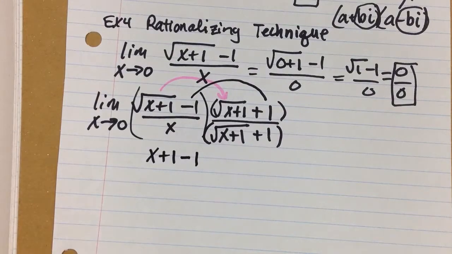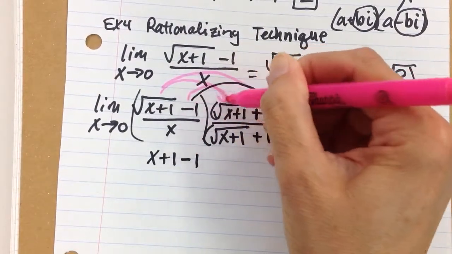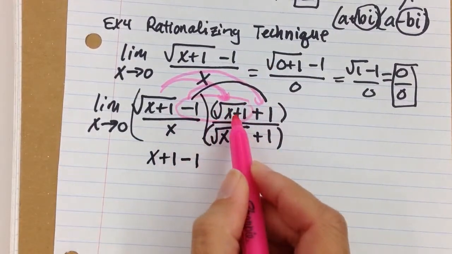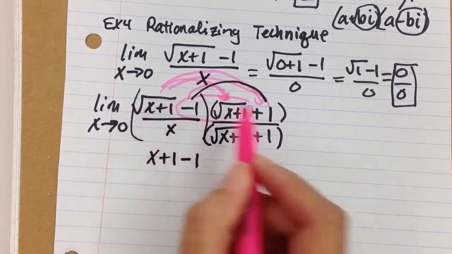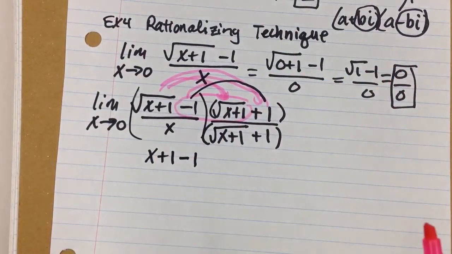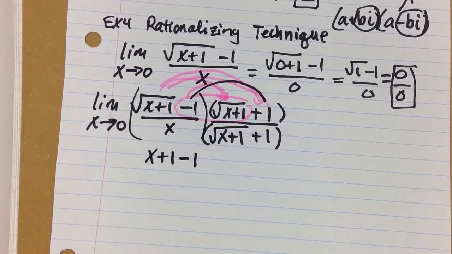Why didn't I do the other two multiplications? They're going to cancel, right? This negative square root of x plus 1 is going to cancel with the positive square root of x plus 1. So we don't need to do those. That's why you multiply by the conjugate, because those are always going to cancel if you make this one minus and this one plus. So that's a nice little trick.